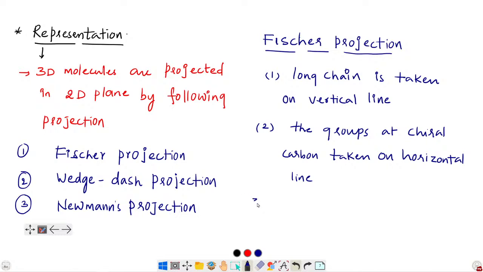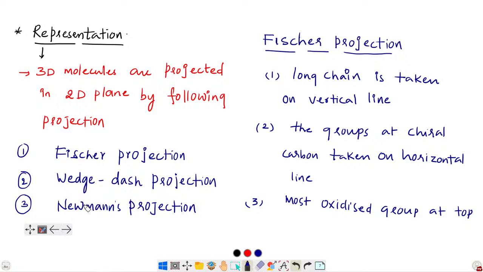And one thing you have to notice is that the most oxidized group is at the top. These three rules we should follow when you project the Fisher projection formula.